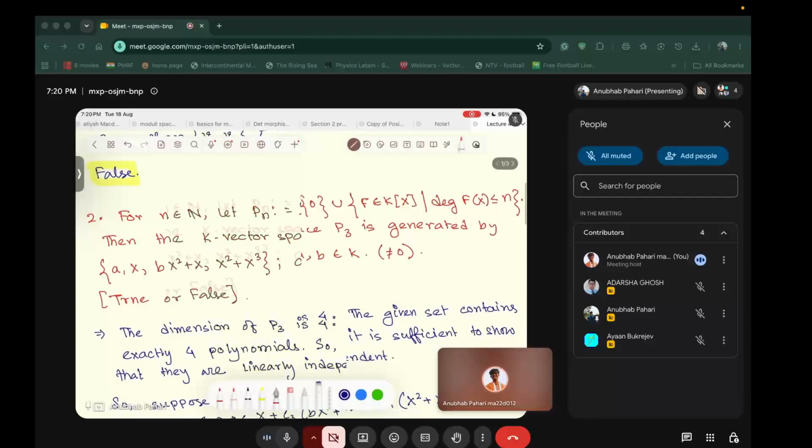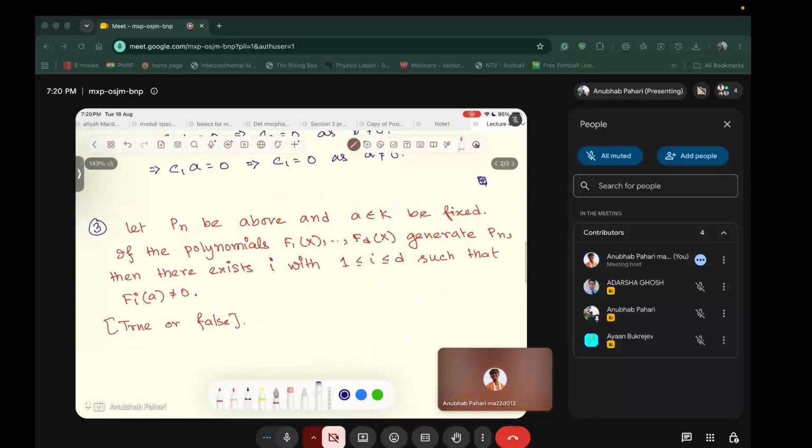So you should try this one: Pn is as above and A is fixed. If the polynomials generate Pn, then there exists i such that phi_i(A) is non-zero.